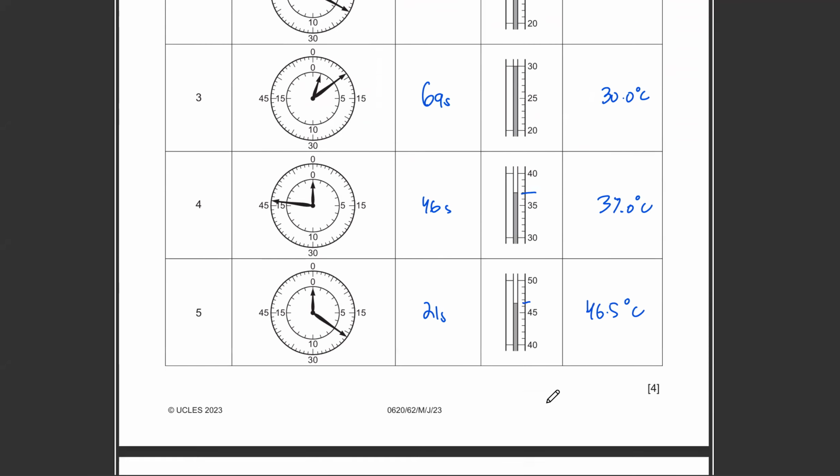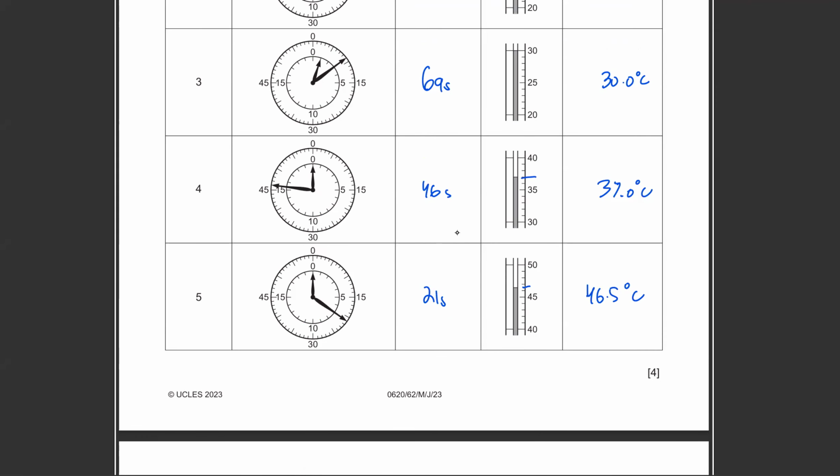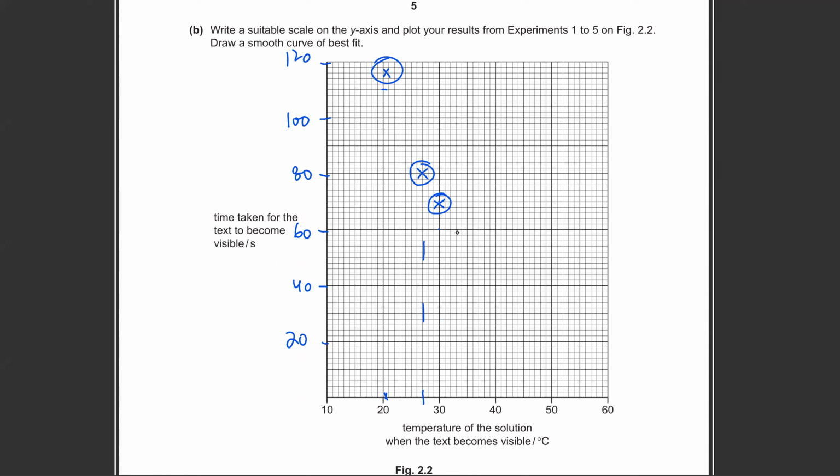30 and 69, so this is 70, this is 60, somewhere over here, right? Then 37 and 46. 37 वाला तो ये part हो गया.